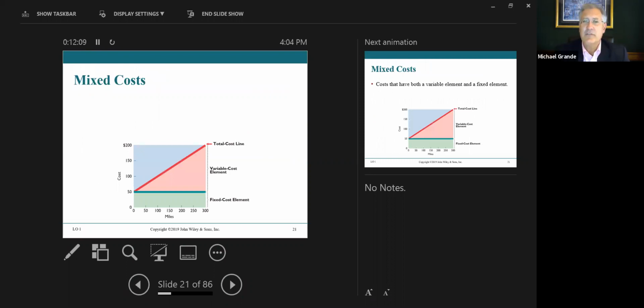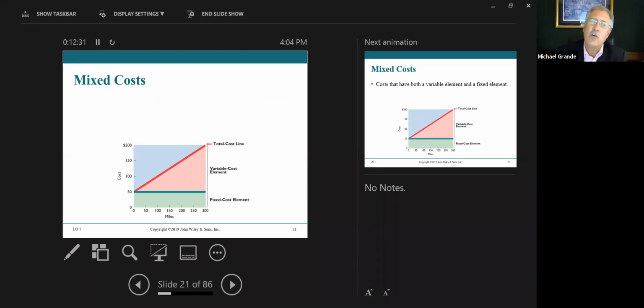So mixed cost, a little bit more complicated, because a mixed cost has both a variable component and a fixed component. Our goal is that once we know that a cost is mixed, we want to be able to come up with a cost formula so that we can predict it. Let's go back.